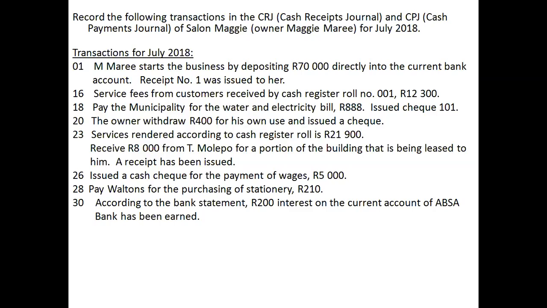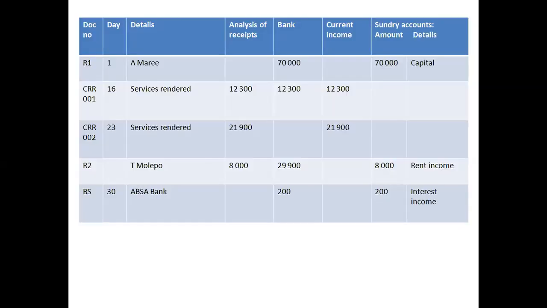On the 16th, there's your entry. Cash register roll, CRR is the abbreviation that we use, 001 on the 16th.